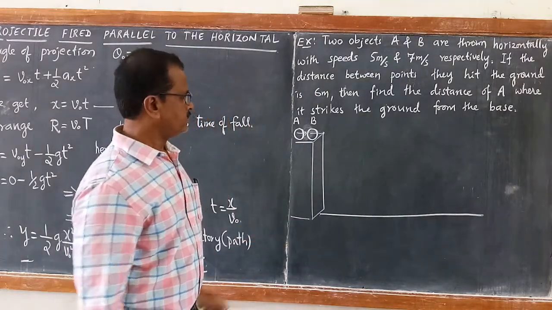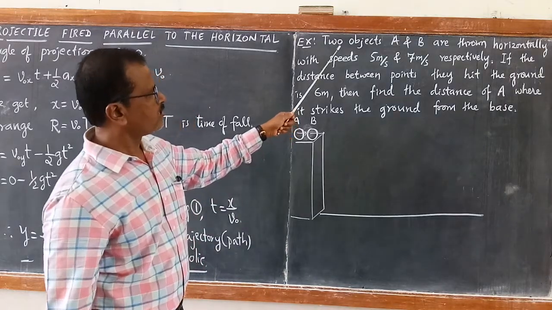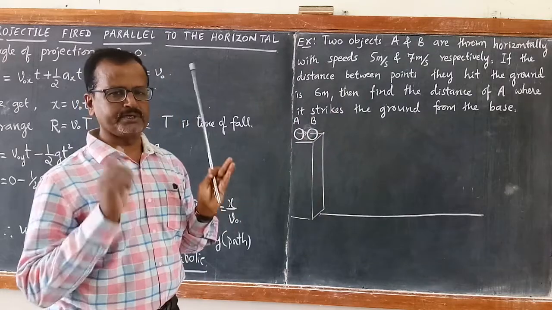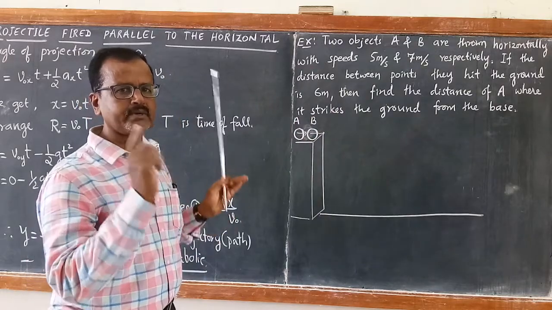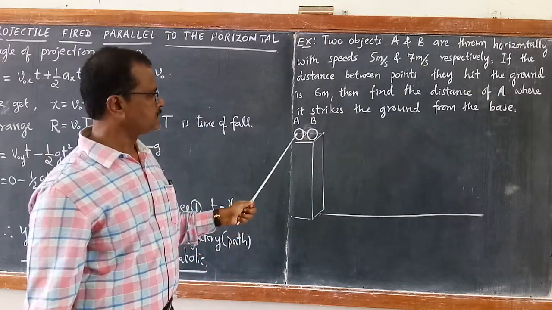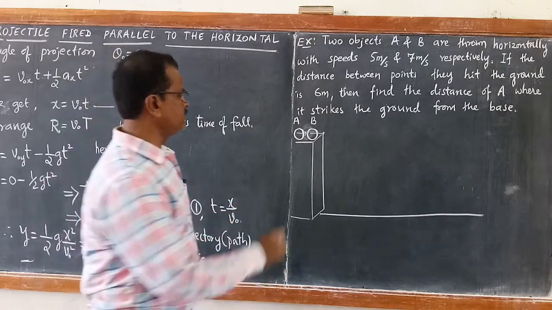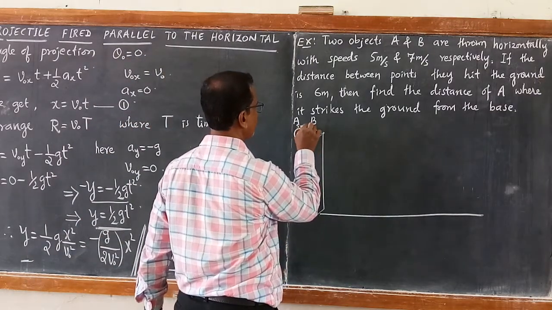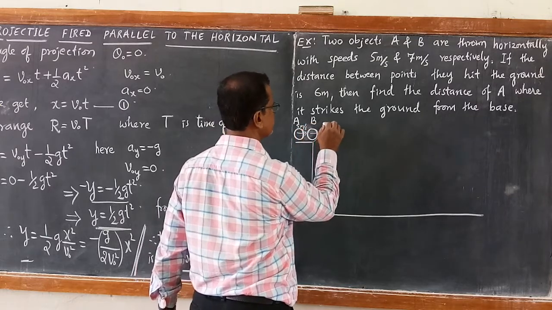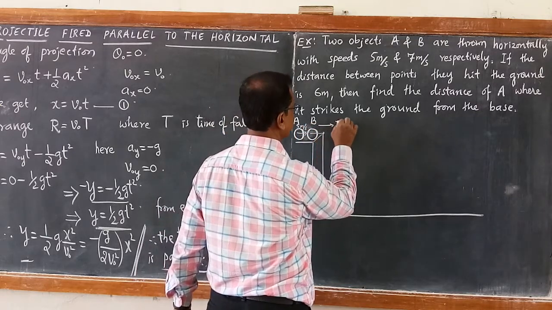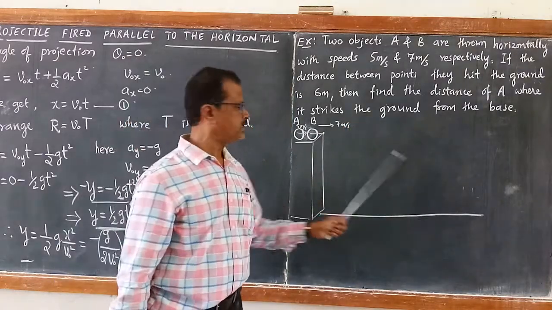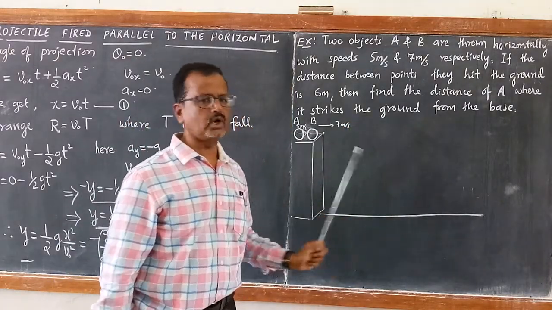So, again listen to the problem. Two objects A and B are thrown horizontally with speeds 5 meter per second and 7 meter per second respectively. Let us take those objects as A and B. B will definitely cover a longer range and A will cover a shorter range.